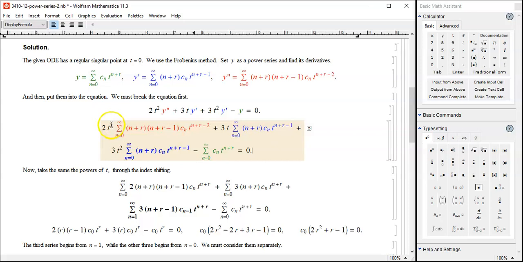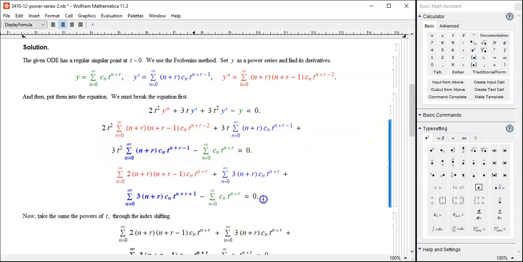All right, and then power computation, second power, first power, and second power, this minus 1 power, and so on. We get the simplified form, and then we need index shifting. We need t to the n plus r power for all those things.